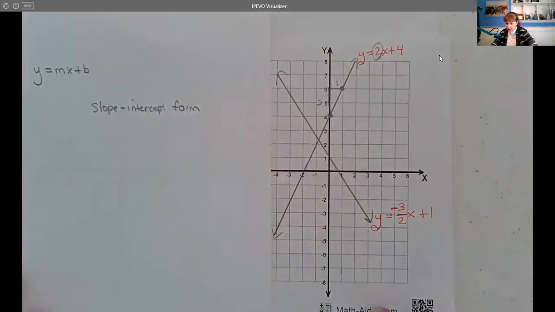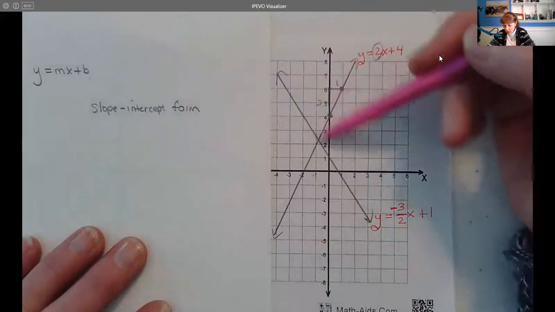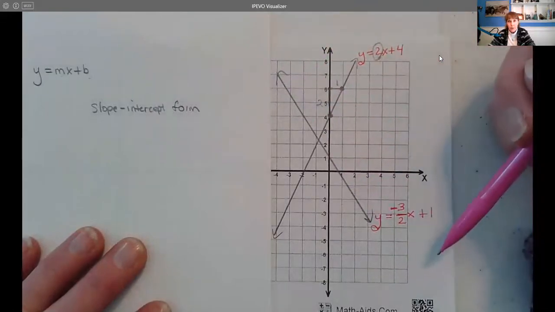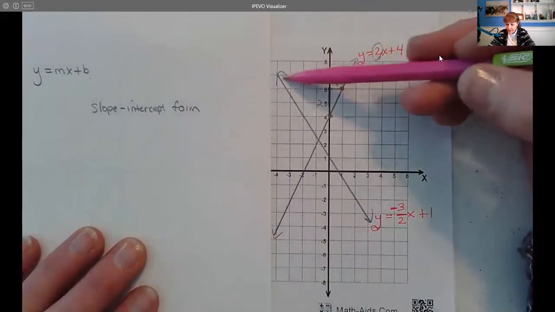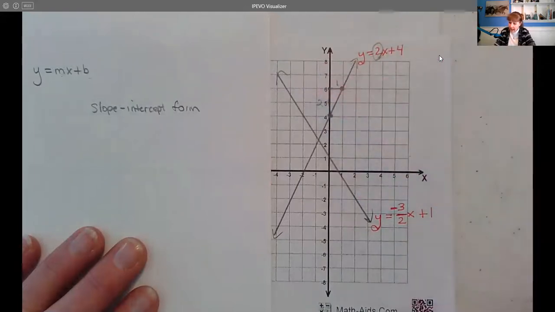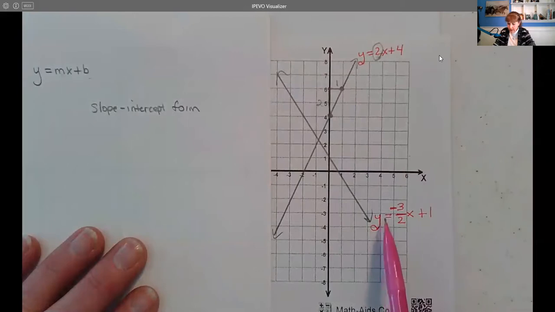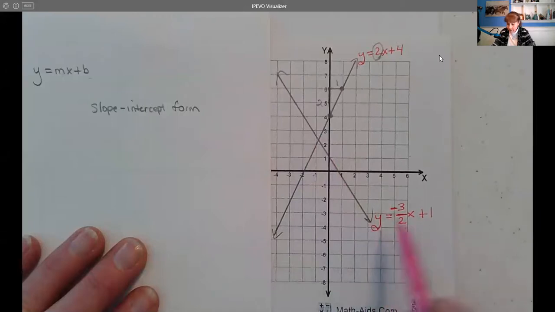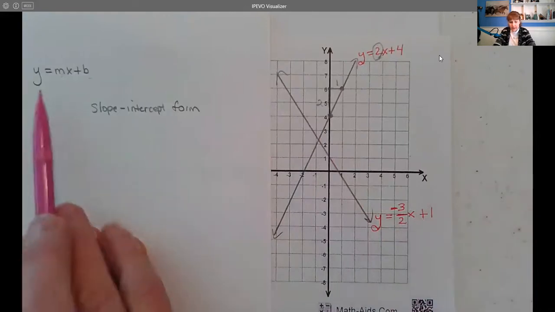This one, the line is falling, so we expect our slope to be negative. The values are decreasing here. And again, the y is by itself. This is the equation, and this is a graph of the solutions. The slope of the graph should be the number in front of the x, because it's in this form.